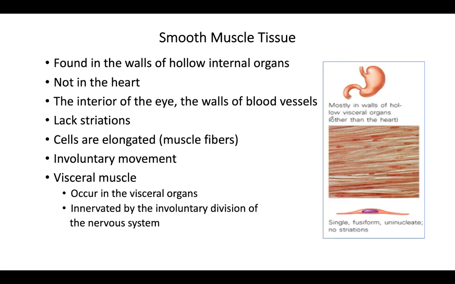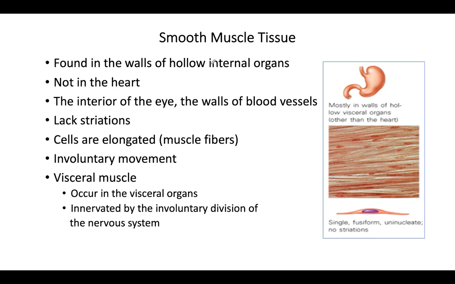Let's look at smooth muscle tissue first. Smooth muscle tissue can be found in the wall of a hollow internal organ, except the heart. The heart is also one of the internal organs, but the wall of the heart is not made up of smooth muscle tissue. It is made up of cardiac muscle tissue.